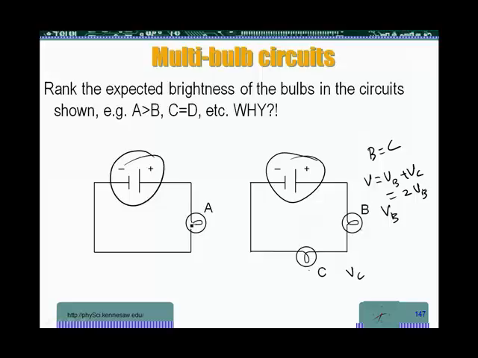In the case of this light bulb, what are we going to have? It's going to be subject to twice the voltage. If it is subject to twice the voltage, and remember, power is V squared over R. I have twice the voltage, it means it's going to have 4 times the power. So light bulb A is going to be brighter than B, which is as bright as C.